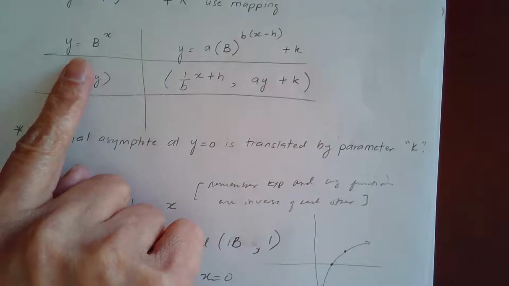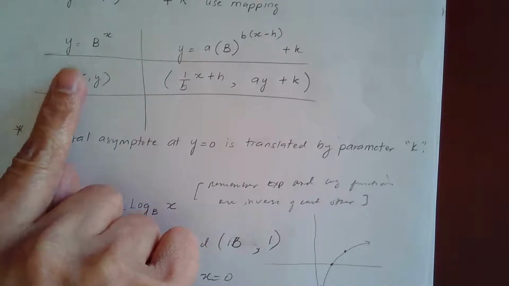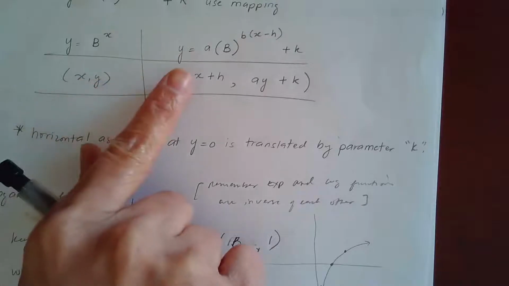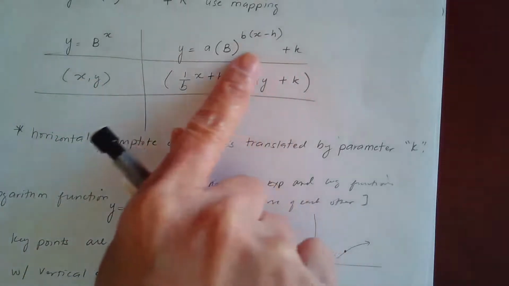The basic key points are 0, 1 and 1, b, and then we can use the transformation.